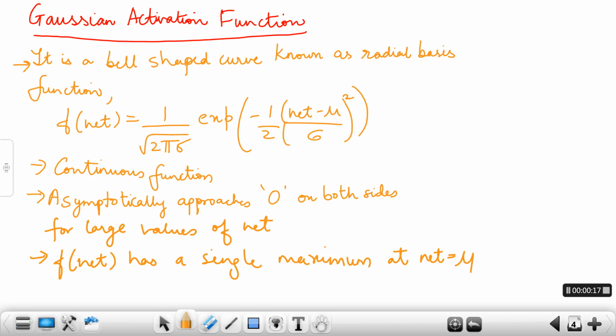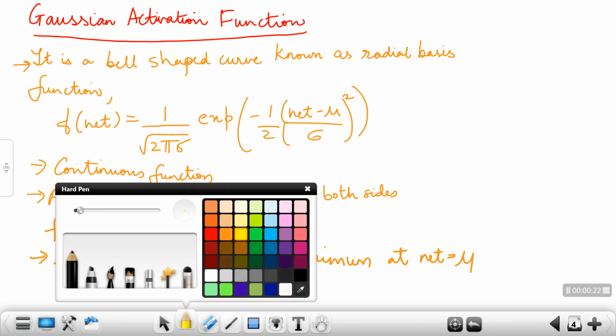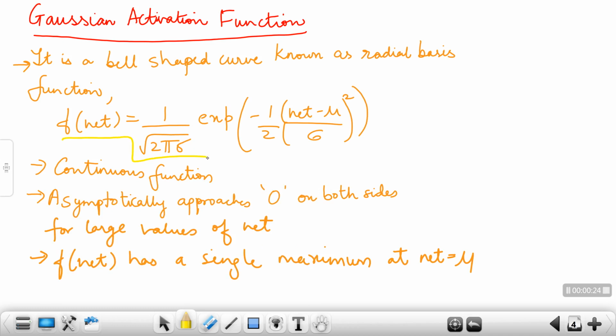The equation is given in this form: f of net is equal to 1 upon root 2 pi sigma into exponential of minus half into the whole square of net minus mu upon sigma. Here mu is the mean, and sigma is the standard deviation.